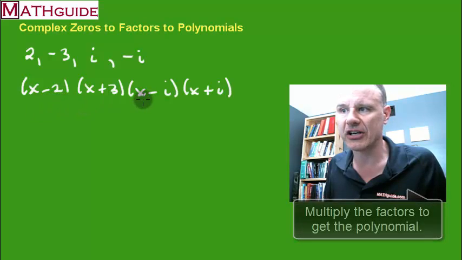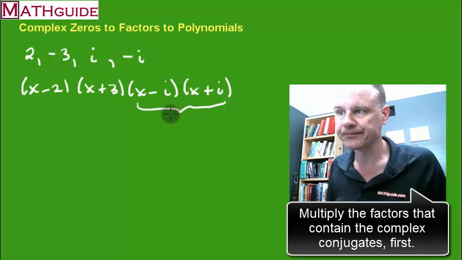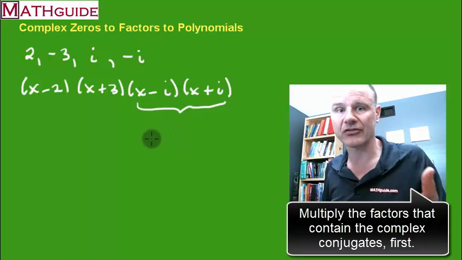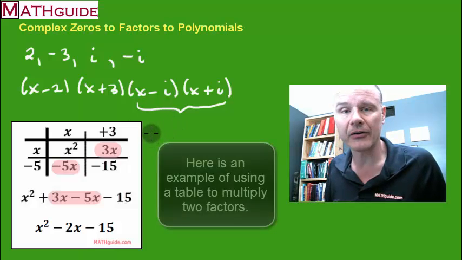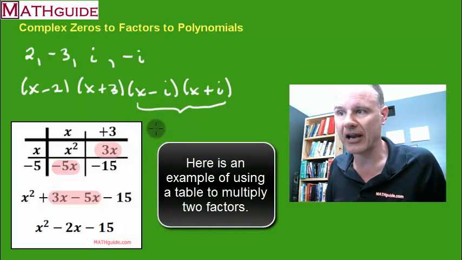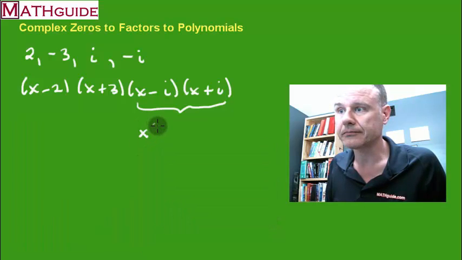What I always suggest doing is multiplying the complex conjugates together first. You should be masters of multiplying at this point. I would use a table to multiply this, or I'm going to use FOIL. x times x is x squared. x times i is ix, or xi. Let's multiply negative i times x.